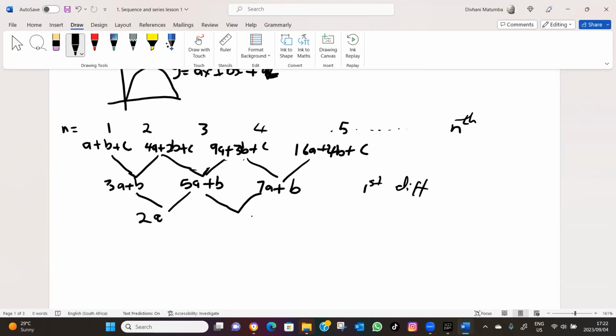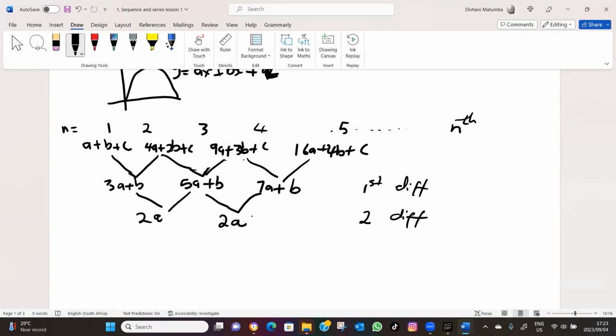B minus B, 0. 7 minus 5, 2, 8. B minus B, 0. They cancel out. As you can see, there is a common difference. So the second difference is the same throughout.